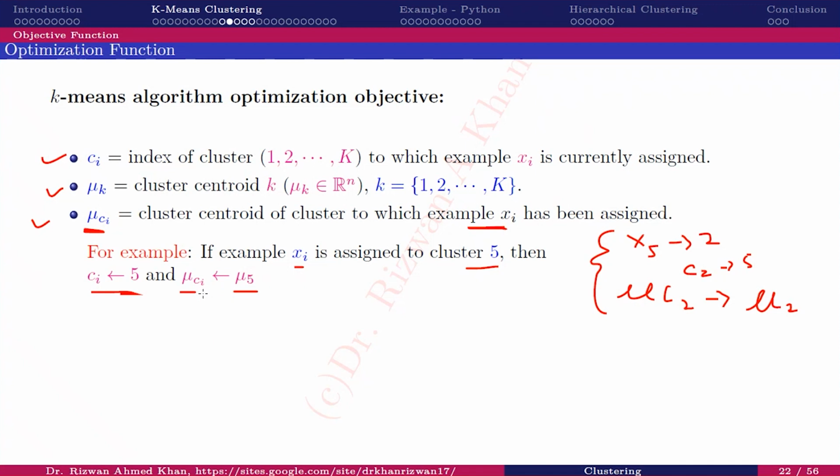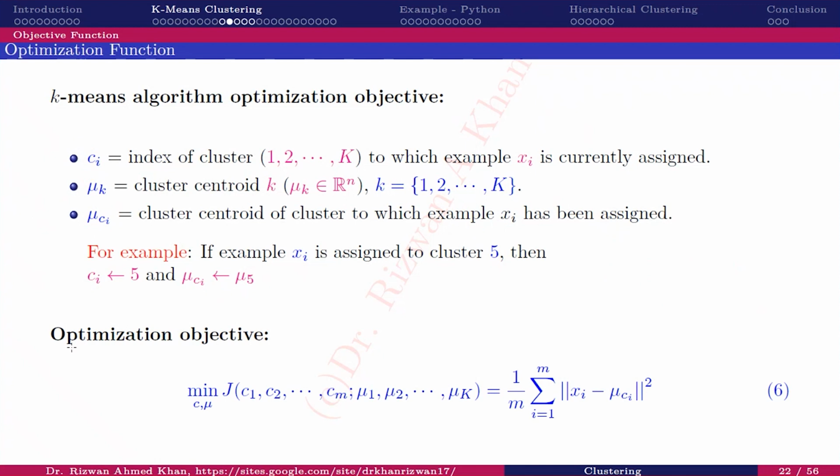So just try to absorb these three variables: Ci is the index of the cluster, mu of k is the exact value of a cluster centroid, and mu of Ci is the cluster centroid to which example xi is assigned. I hope this is clear.